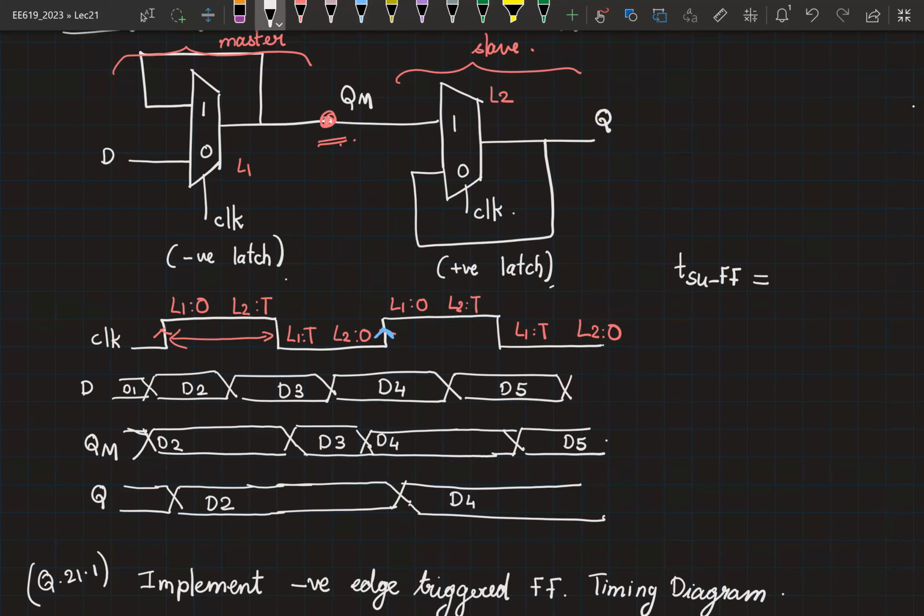So the question is, how long before the rising edge of the clock should the data be set up such that it is appearing at the output correctly? And you know this information for the individual latches. Why do you say it should be the setup time of L2? So what is the sampling edge for L2?